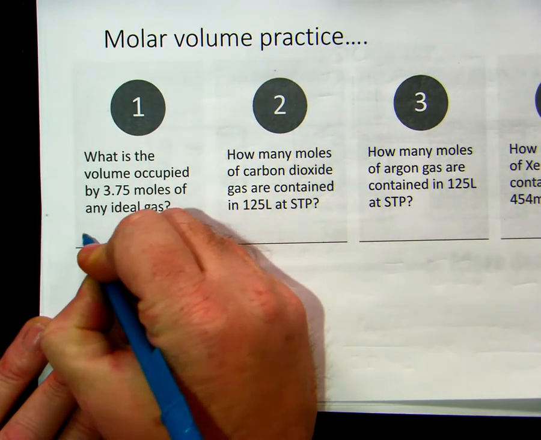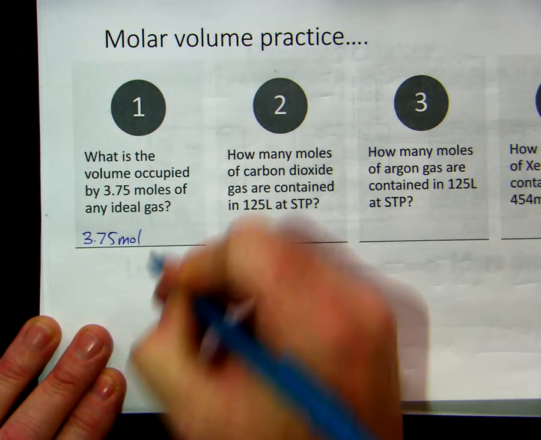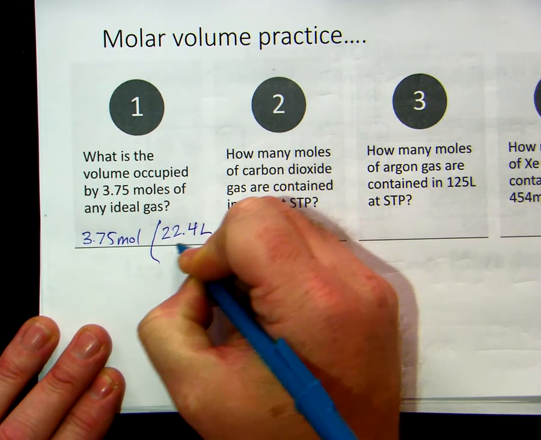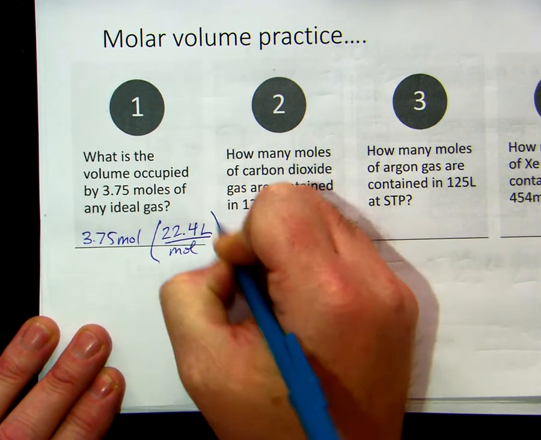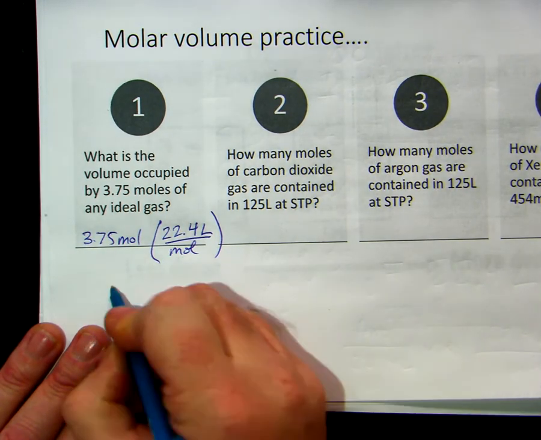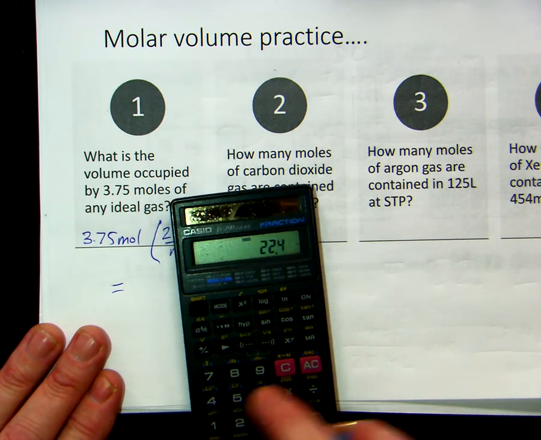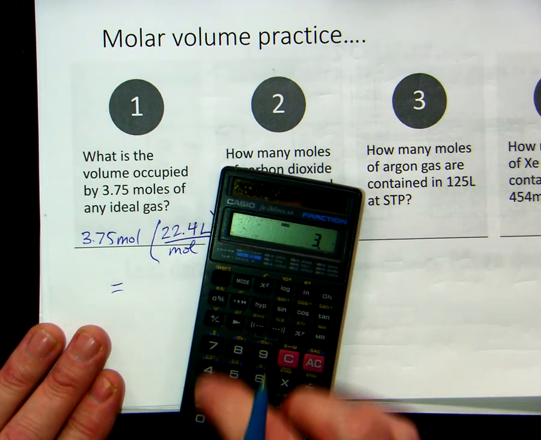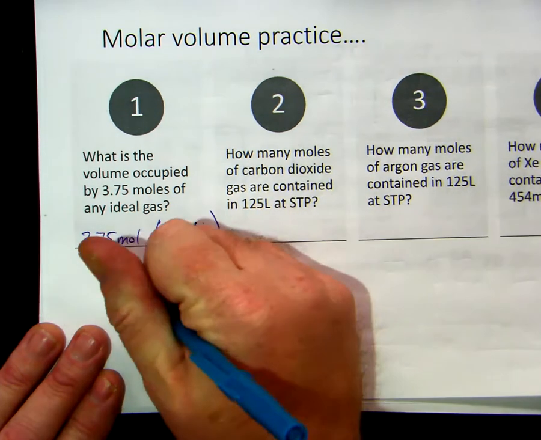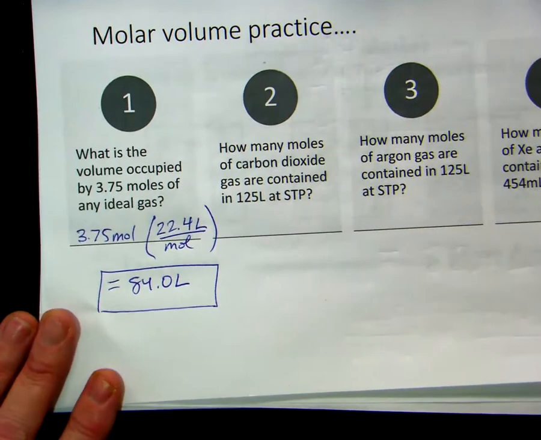So we would say 3.75 moles of any gas occupy 22.4 liters per mole. So if we have 3.75 moles and each mole is 22.4 liters, we can figure out what it would be. So 22.4 liters times 3.75 moles is 84 liters. We need 3 sig figs, so 84.0 liters.